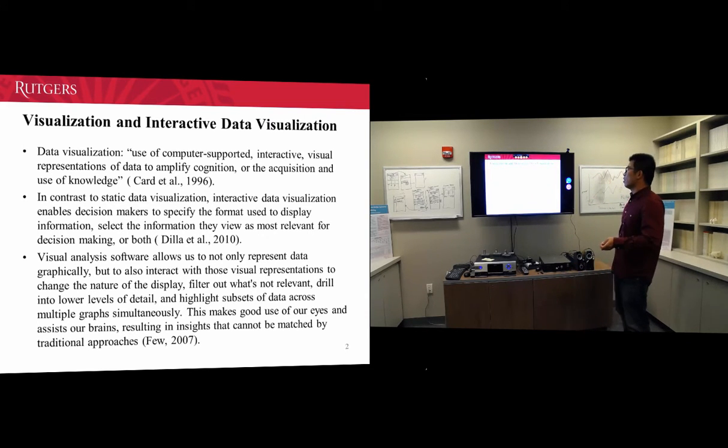Data visualization has two different categories. One is static visualization, another one we call interactive data visualization, which I focus on in this research. Interactive data visualization enables decision makers to specify the format used to display information, select information they view as most relevant for the decision making, or both.